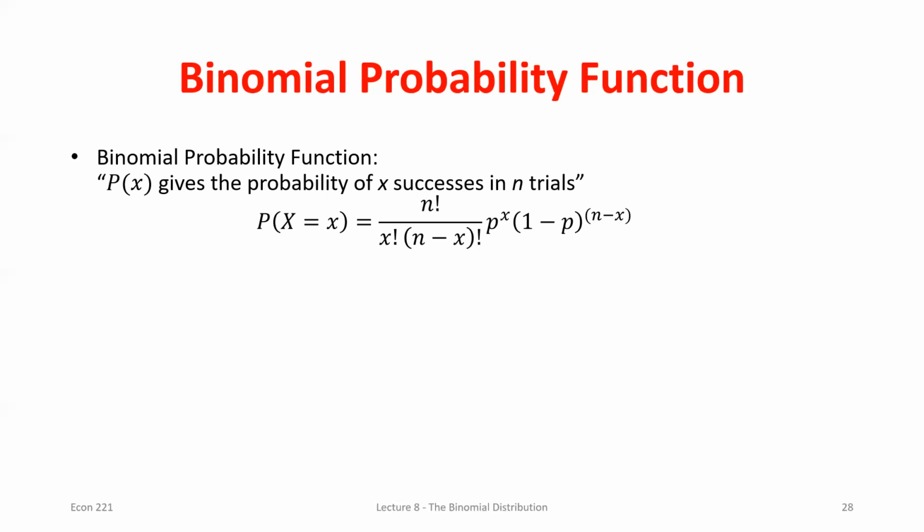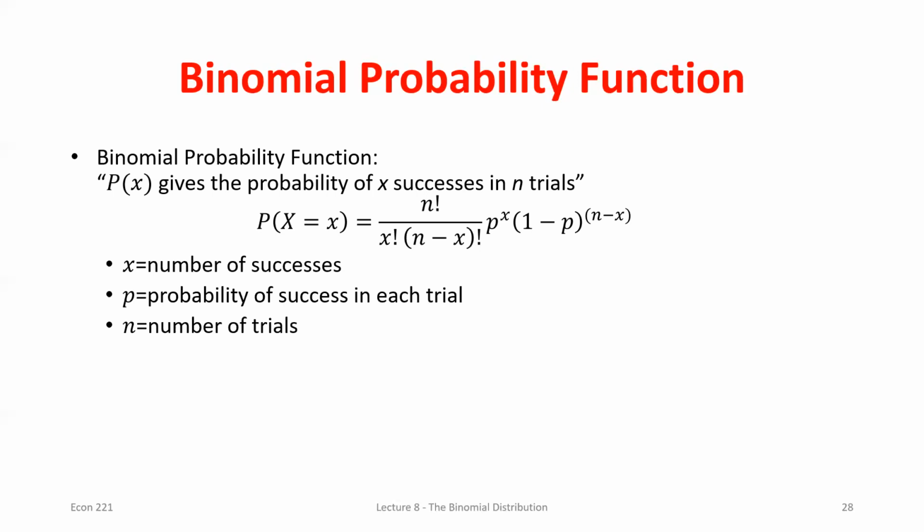There, X would be my 100 value. So X is just the number of successes we're interested in finding the probability of. N is our number of trials, and P is the probability of success on any one trial. These are three things that are given to us, or that we have to have before we tackle a specific problem.